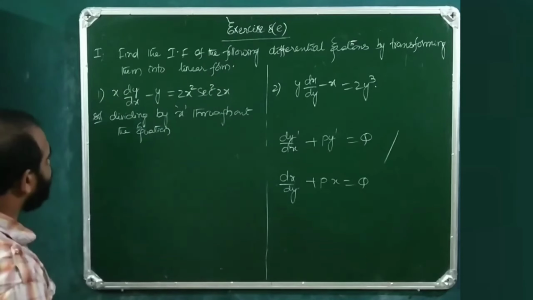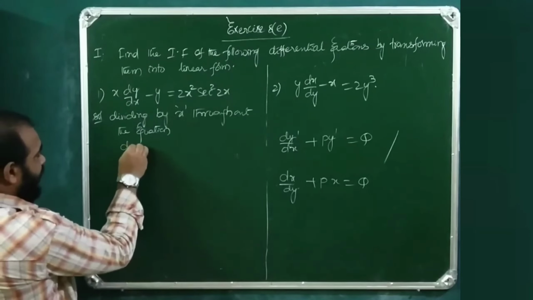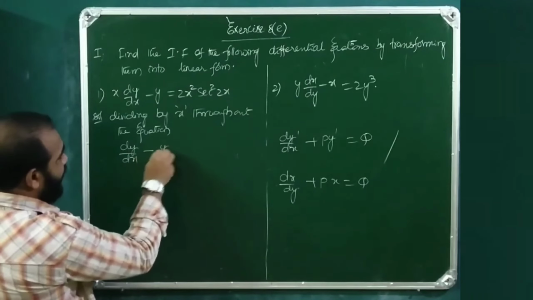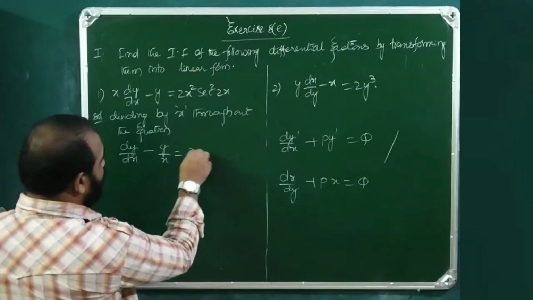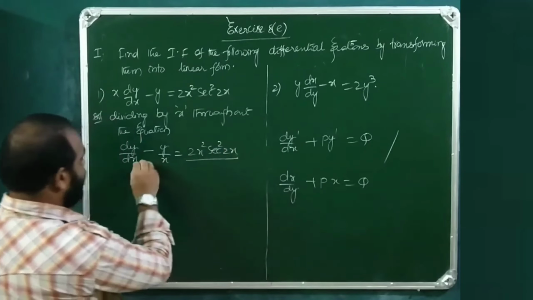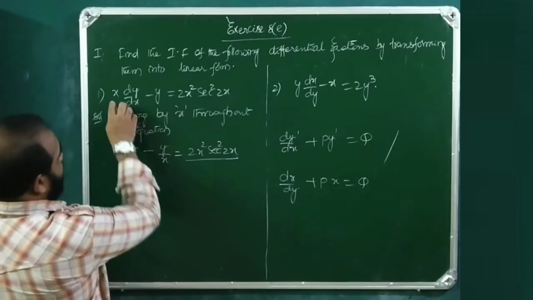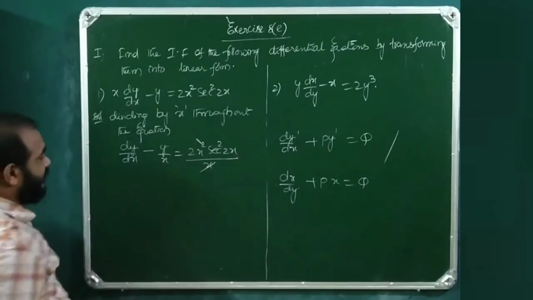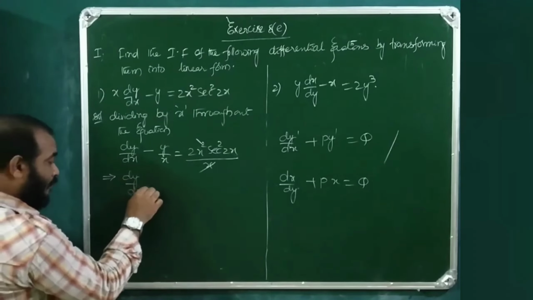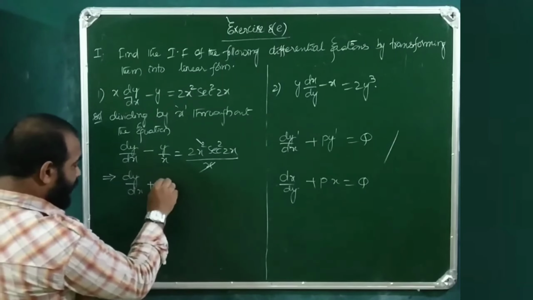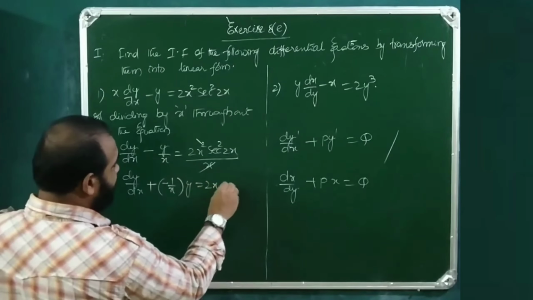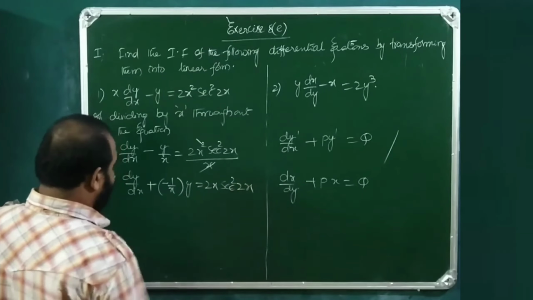Then this is dy by dx minus y by x equals 2x square secant square 2x, where the x gets cancelled. This can further be written as dy by dx plus minus 1 by x into y equals 2x secant square 2x.